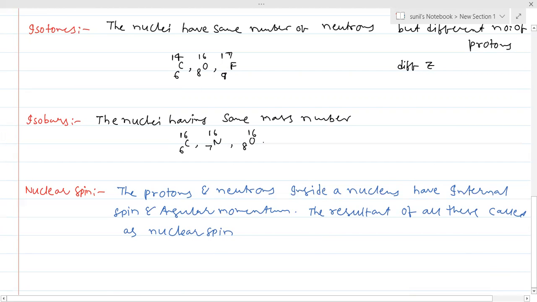After the basics of the nucleus, let us think a while about nuclear forces.